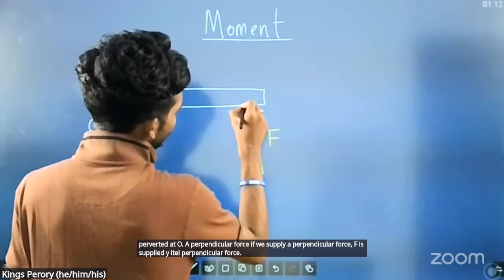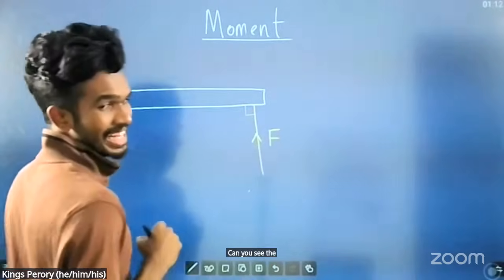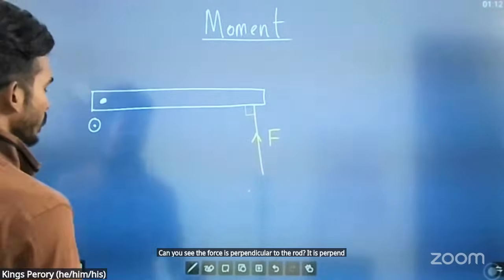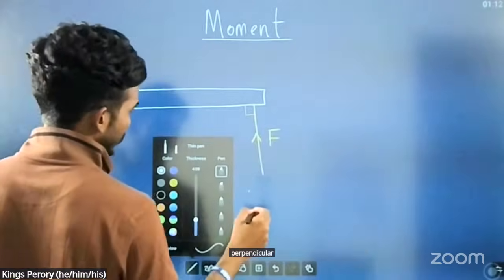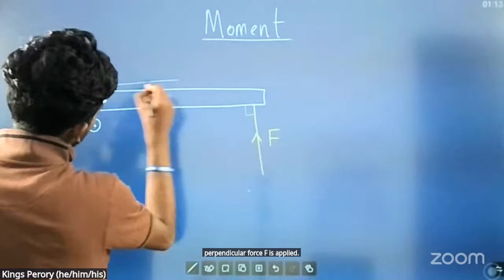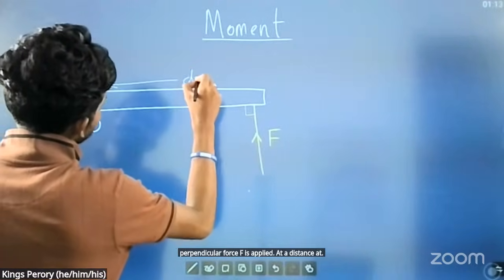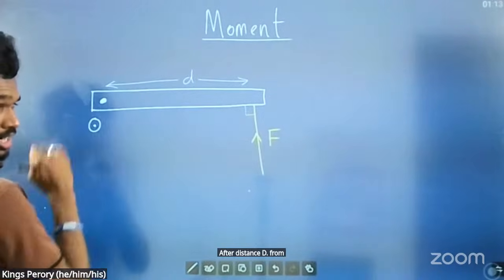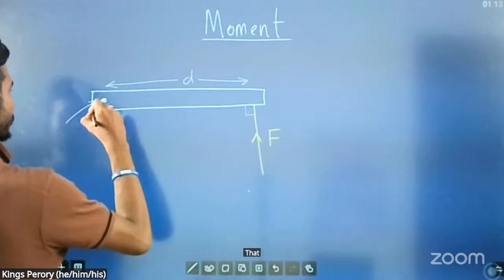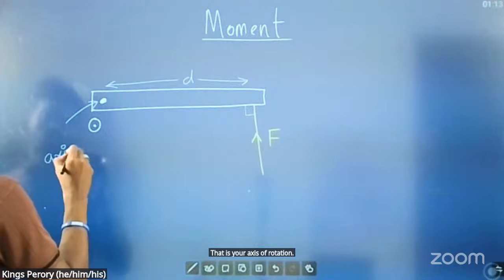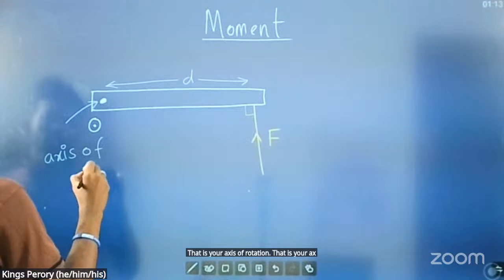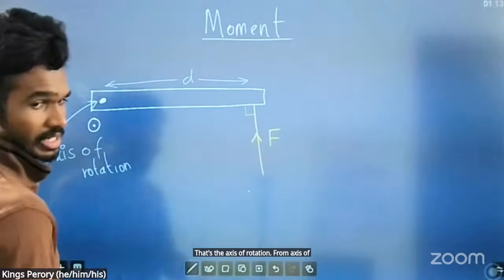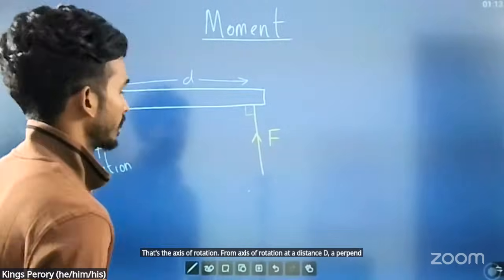Can you see the force is perpendicular to the rod? That is your axis of rotation. From the axis of rotation, at a distance d, a perpendicular force F is applied.